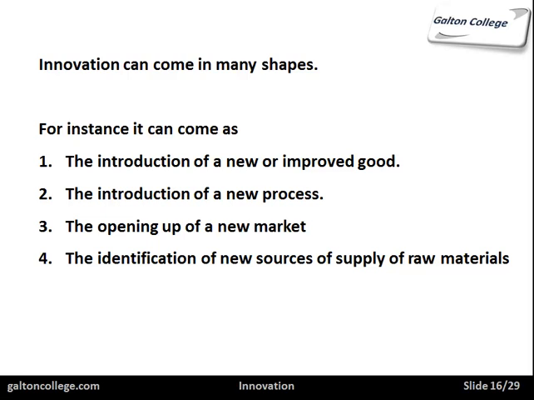It could be that the materials going into a product are of a certain type, and entrepreneurs or innovators within the business see the opportunity to use different materials, perhaps cheaper ones, perhaps better quality ones. That's an innovation.